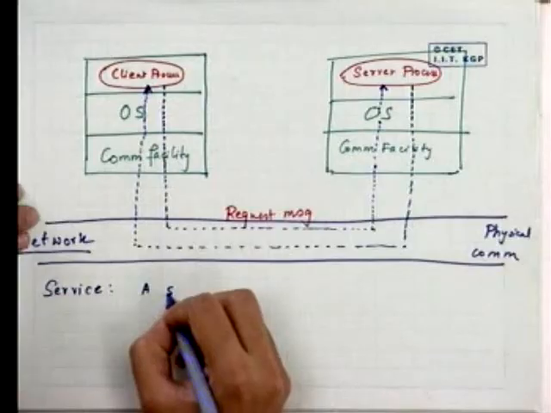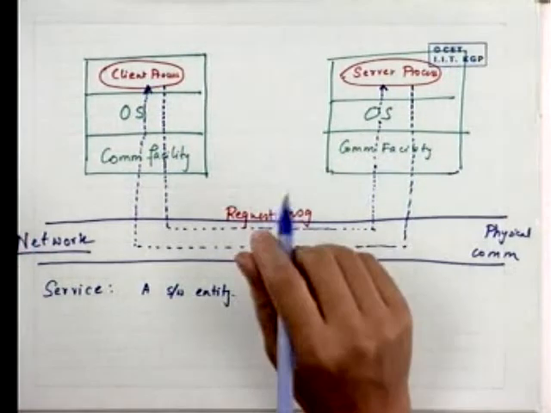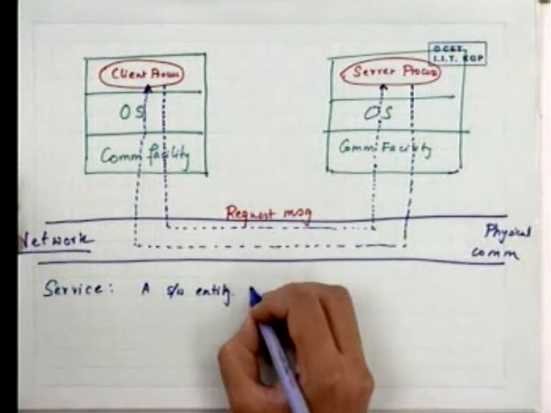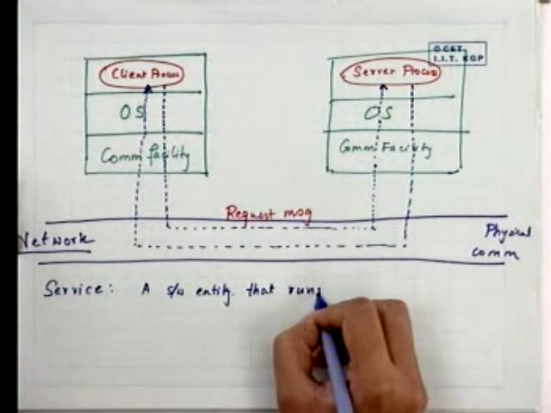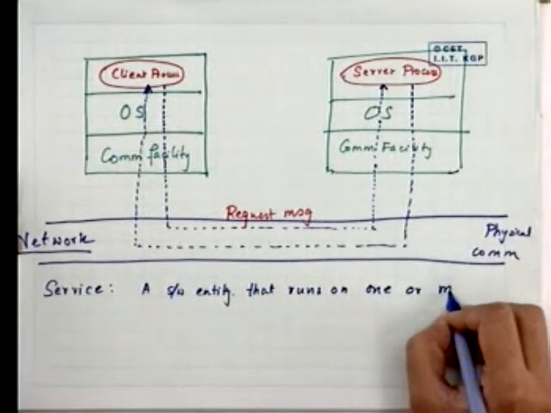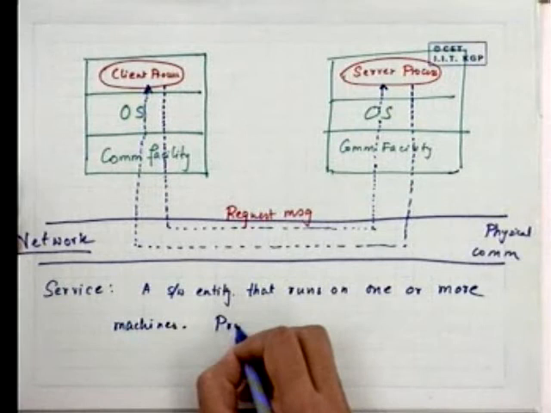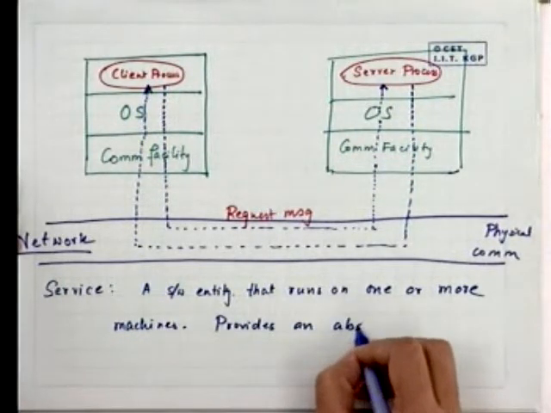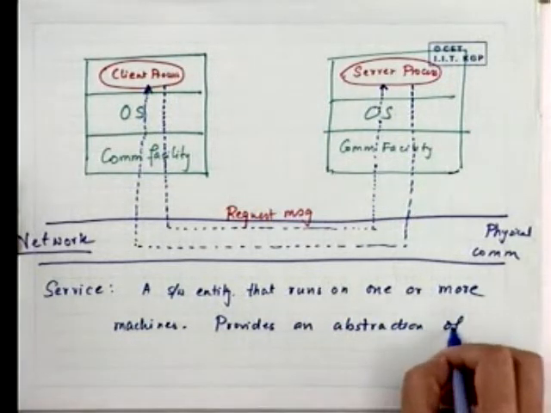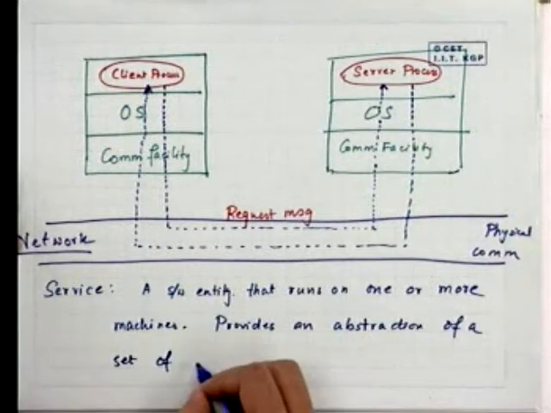A service is a software entity that runs on one or more machines and provides an abstraction of a set of well-defined operations.